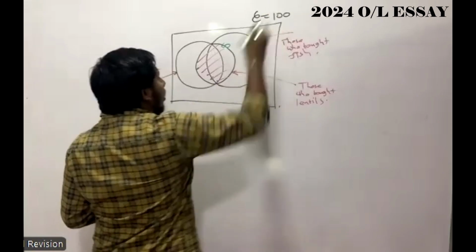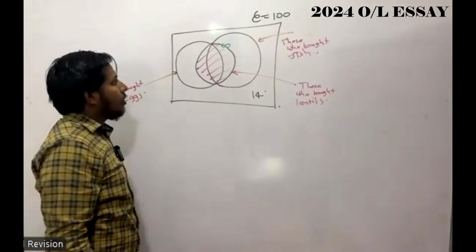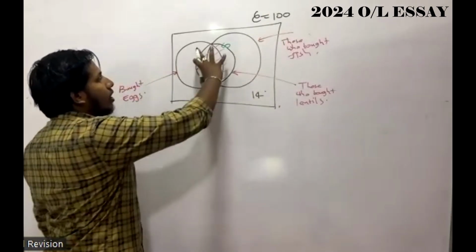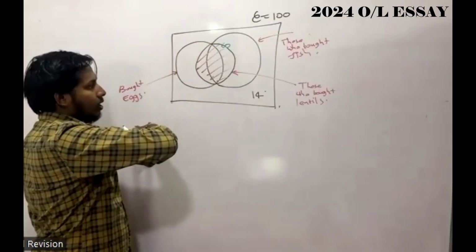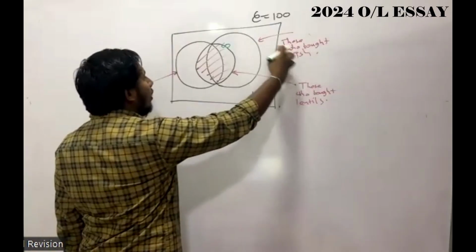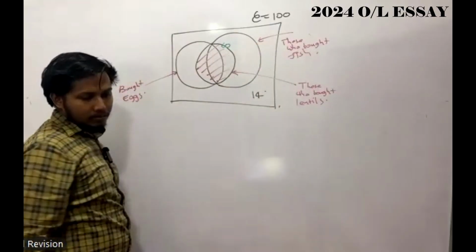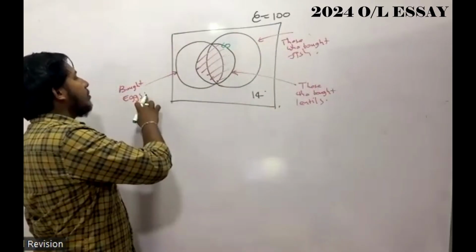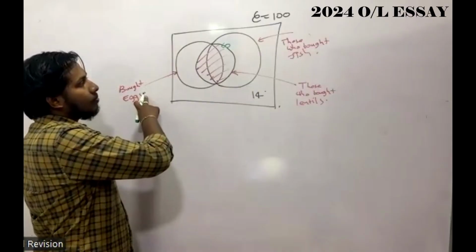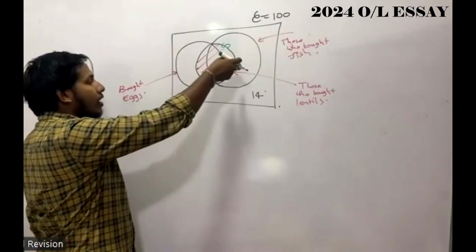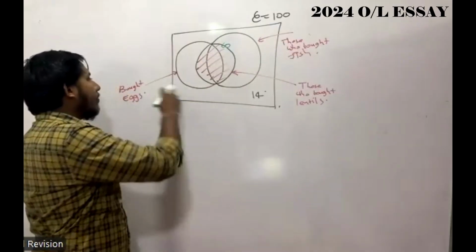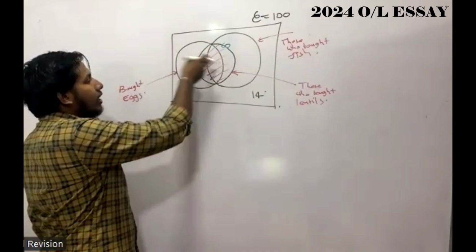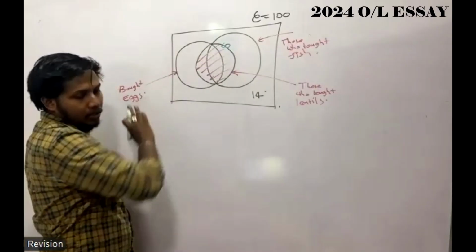You know that the total is 100. If a customer buys lentils, he definitely buys fish or eggs as well.